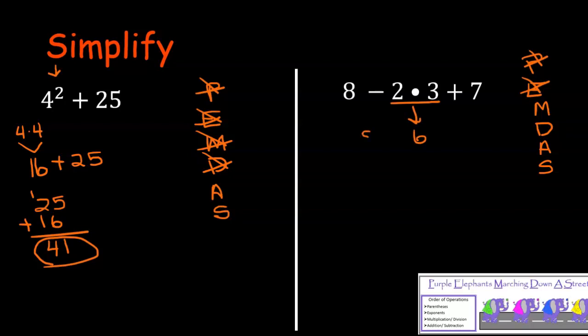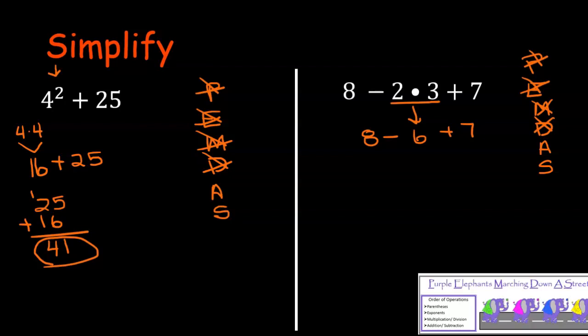I'm going to go ahead and rewrite my problem because I gotta keep track. Now we have 8 minus 6 plus 7. Okay, we did our multiplication. We don't have any division. Do we have addition and subtraction? Well, we have both of them. But where do I go first?